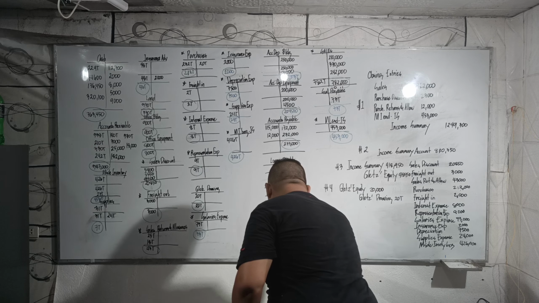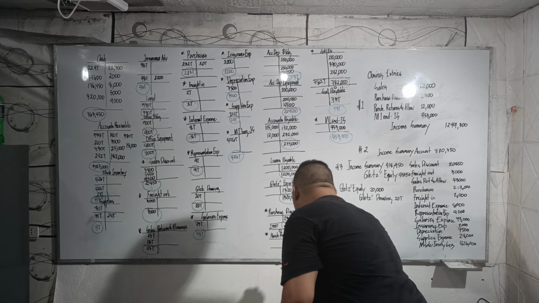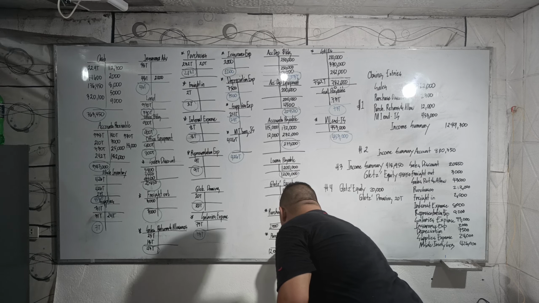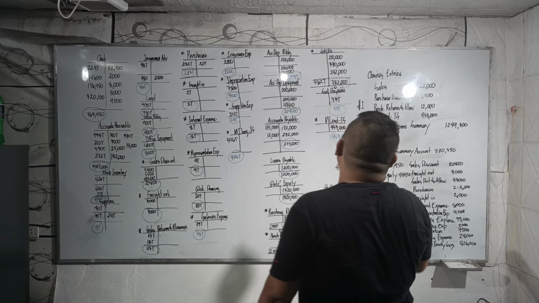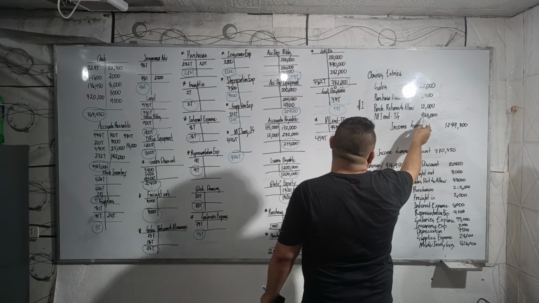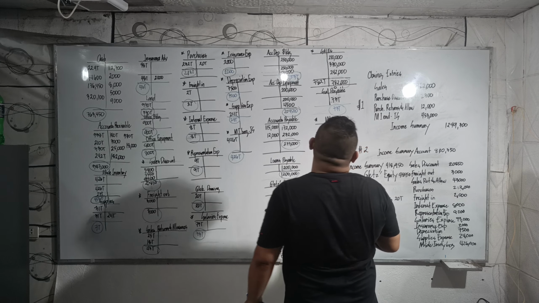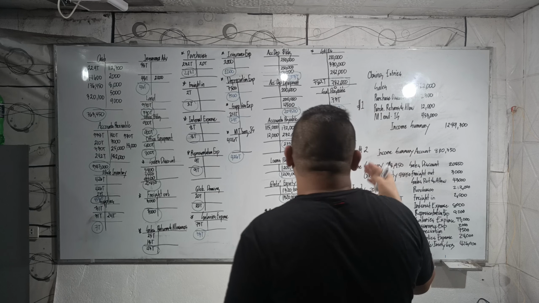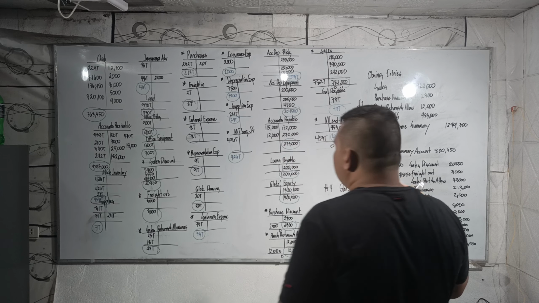Let's put 2, 3, and it will now become 0. As well as the purchase returns and allowances, you have to close it. It will become 0. And the merchandise inventory end, you put the debit because here it is debited. It will become 0 also. So everything has already been 0: the sales, the purchase discount, purchase returns and allowances, merchandise inventory, and income statement.